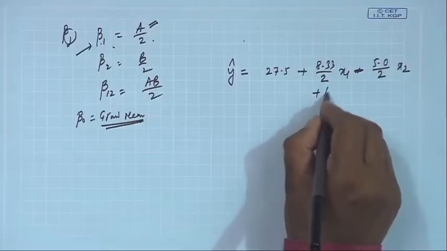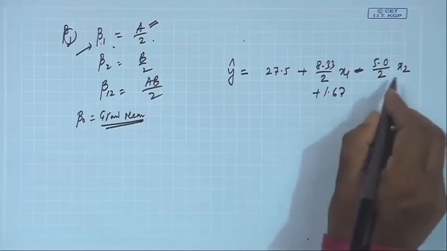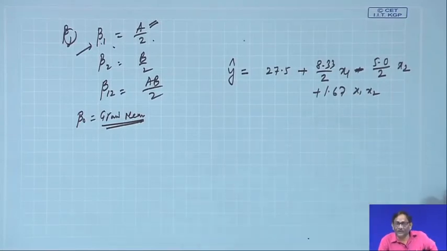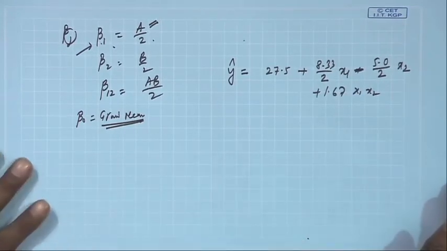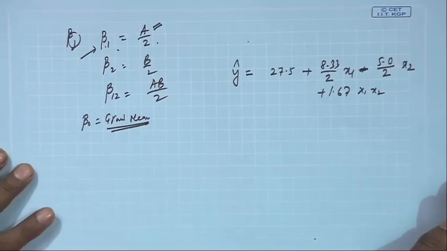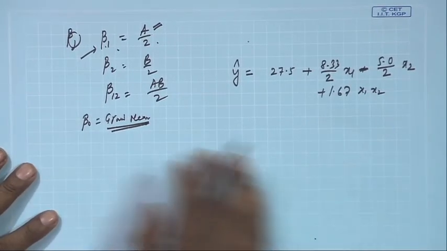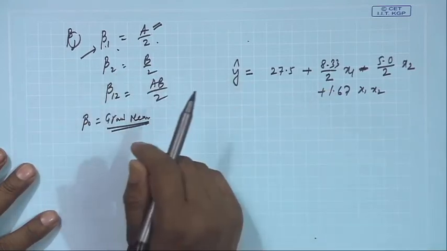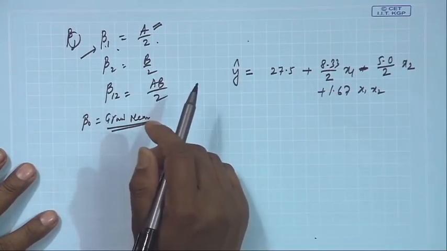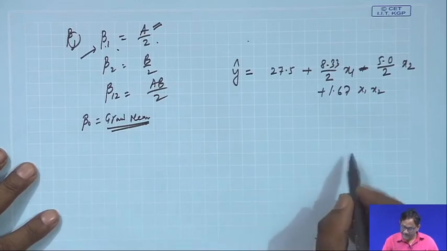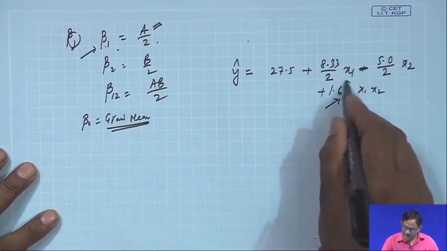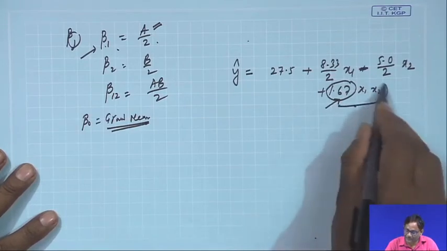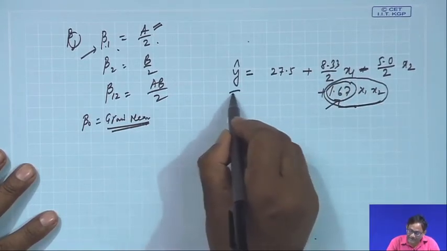So, plus 1.67 x1 into x2. As you know, we use two symbols, either A, B, C, D or x1, x2, x3 to represent the factors. They are written interchangeably, so you must keep this in mind. Now, this particular estimate is not significantly different from 0, so that is why we have not included it in the final equation.